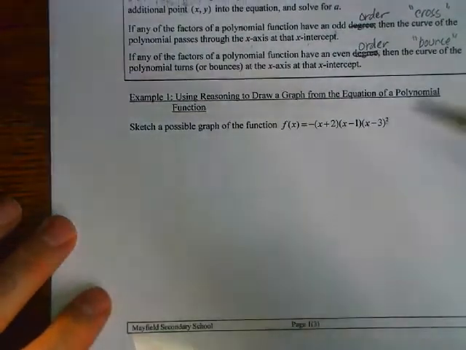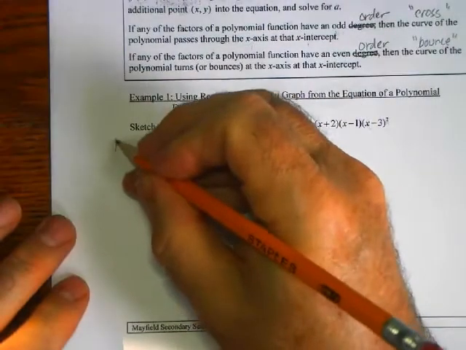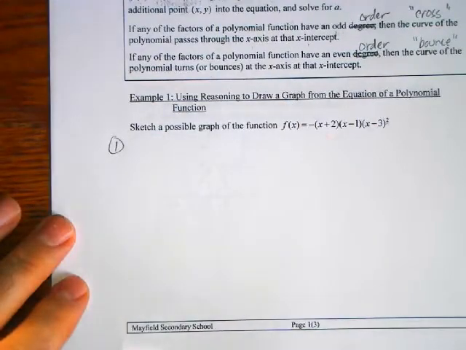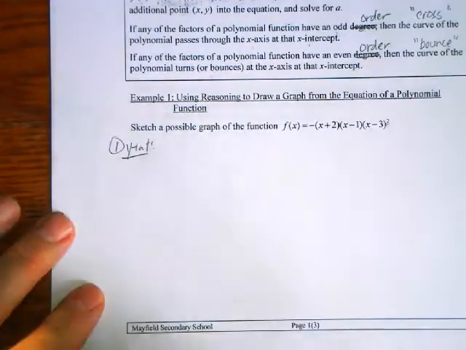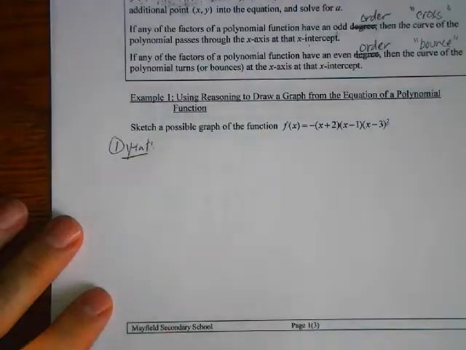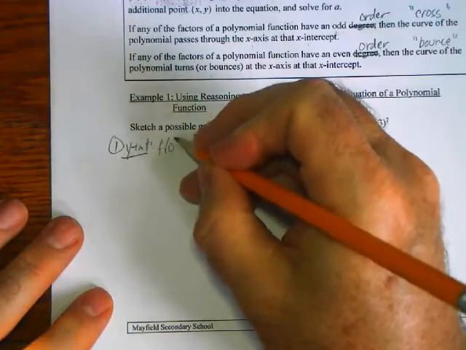So the first thing we're going to do, a nice easy thing to always get, is the y-intercept. Remember, you set x equal to 0, so it's going to be f of 0.